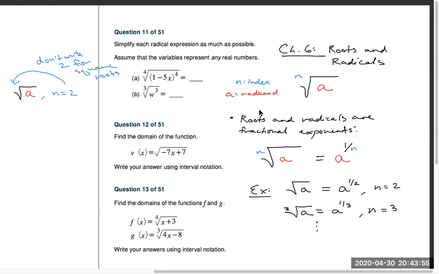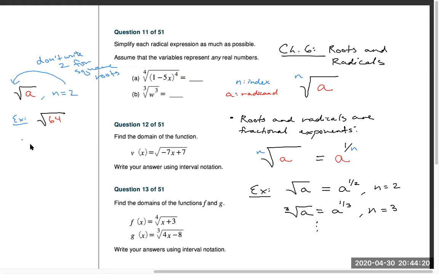Okay. So quick example, if I have the square root of 64, essentially what that index tells me is how many factors that need to be the same I need to look for under my radical sign.